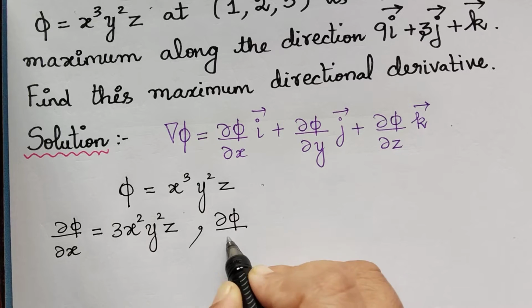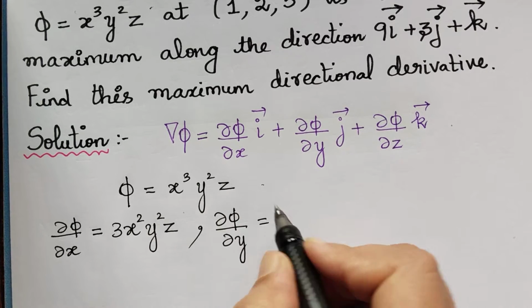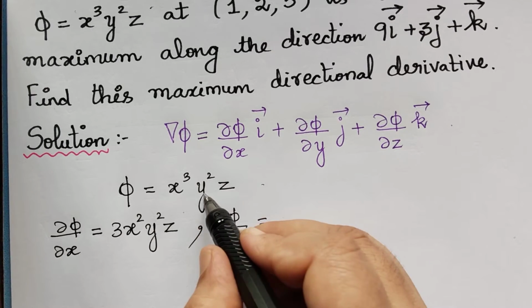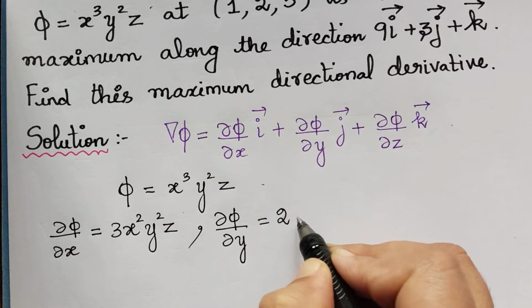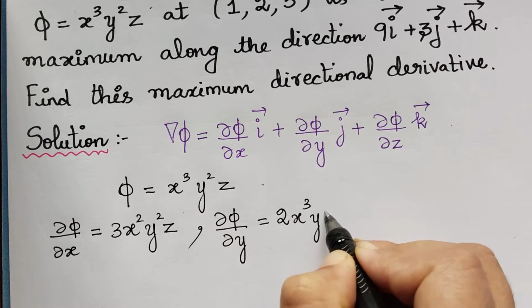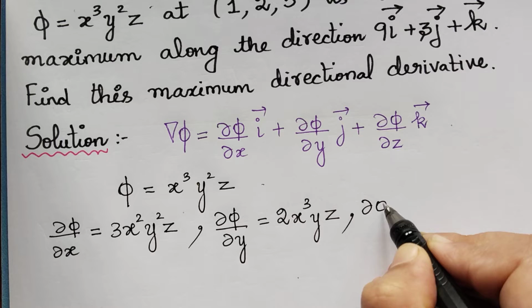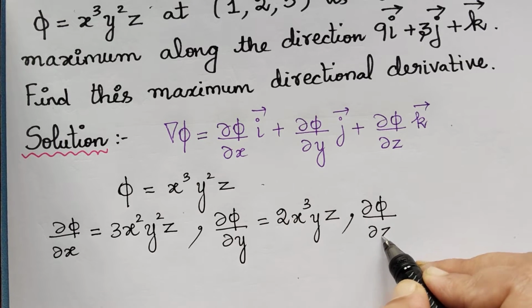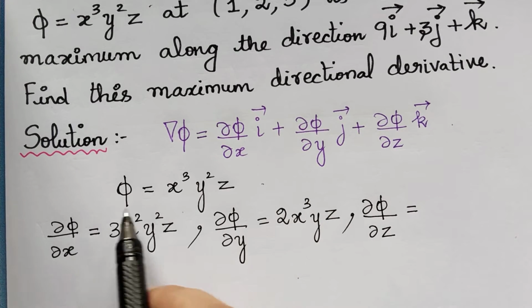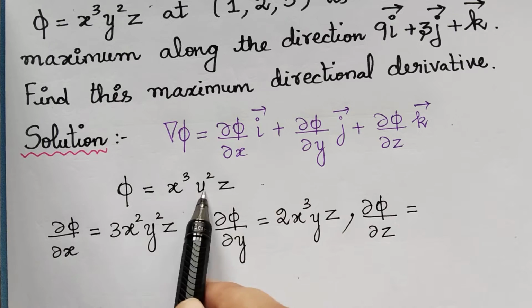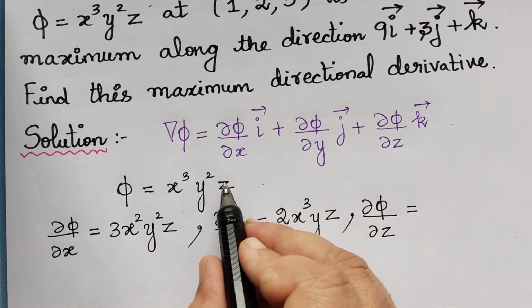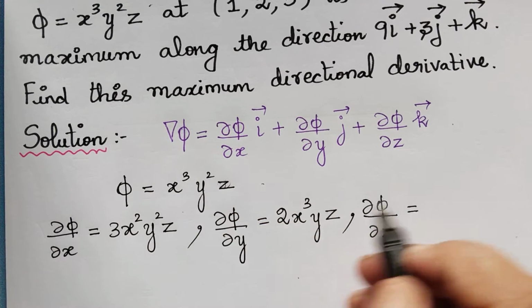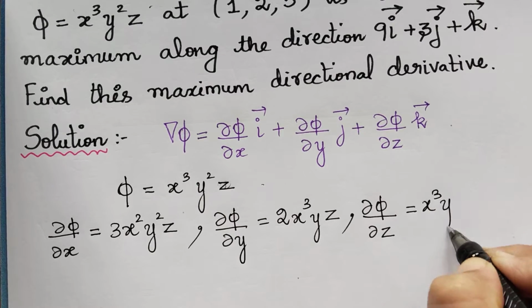Similarly, dou phi by dou y we have to find, which is the differentiation of y square, and that is 2y. So it will be 2x cube y z. And then dou phi by dou z, the partial differentiation with respect to z: differentiation of z is 1, and so it will be x cube y square.